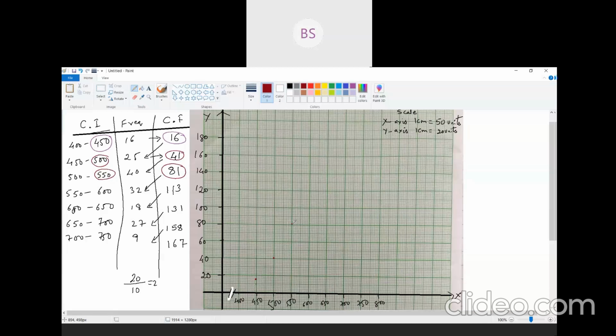Then 600 and 113. So here we have 600, 113. Now this is 100, this center is 110, so the first line is 112. Okay, 112. And then in the center here, I will mark it as 113.